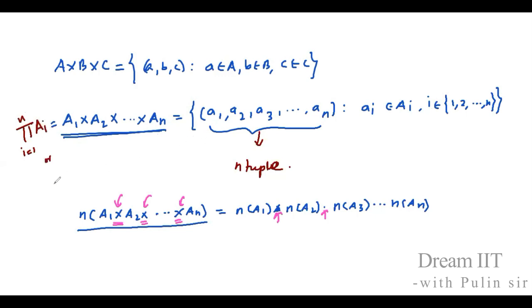Or some authors write capital X, meaning the multiplication sign, i goes from 1 to n, Ai. So both of these are related to the representation of this particular product of n number of sets.